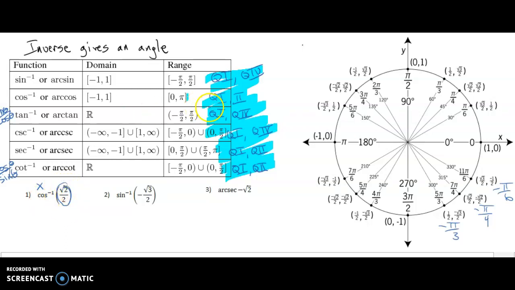Specifically, we're looking in quadrants 1 and 2 because I want my angles to be in between 0 and pi. So in quadrants 1 and 2, I have an x value square root of 2 over 2 right here. And so let's evaluate these in radians. That means my angle is pi over 4. And so we are using the unit circle just in reverse order. And that's it. That's the only step there.